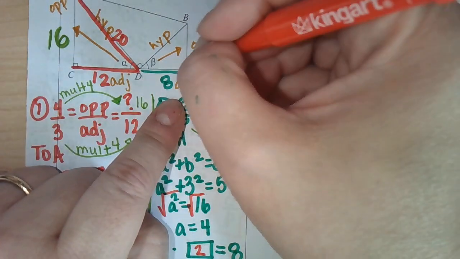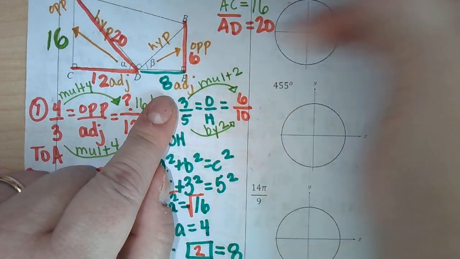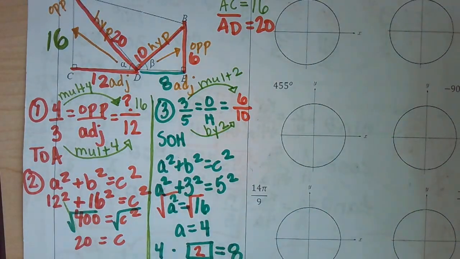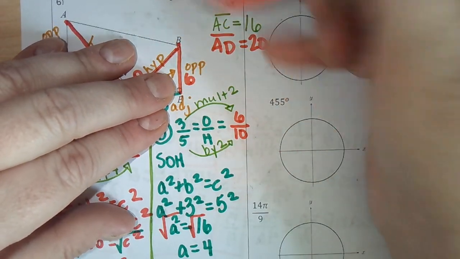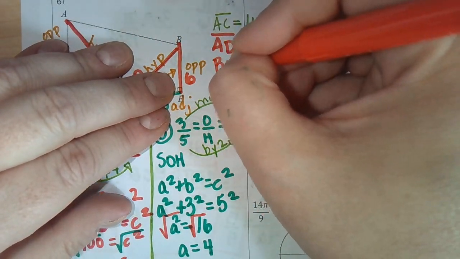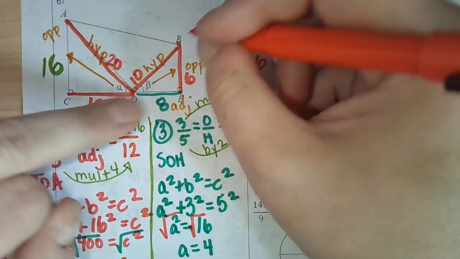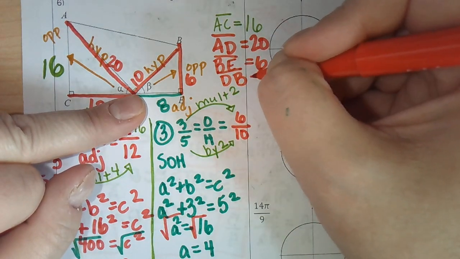So the opposite is 6. And the hypotenuse is 10. Okay, so that opposite that we just labeled, BE, is 6. And we just labeled DB is 10.